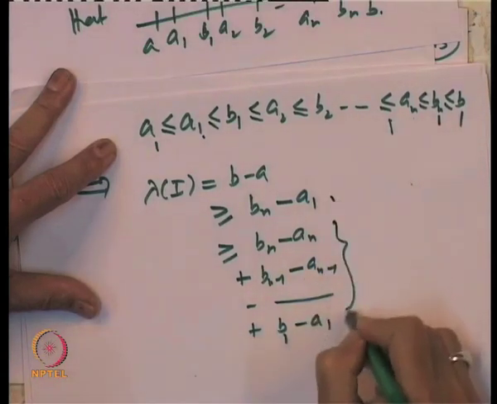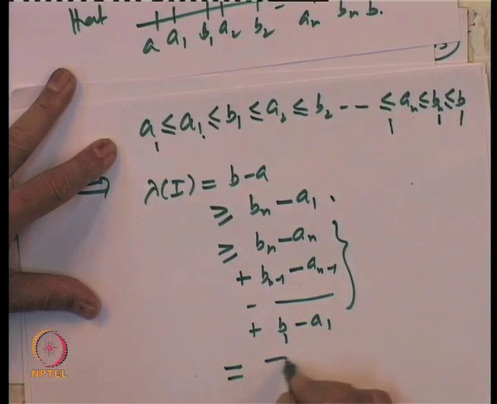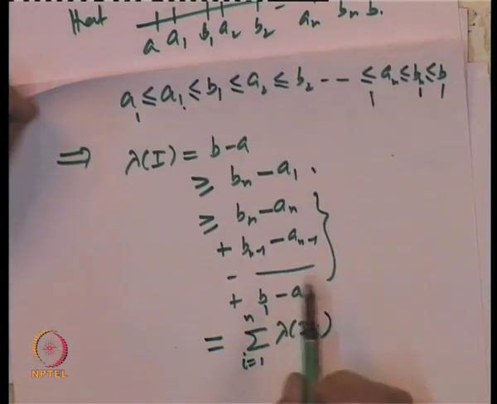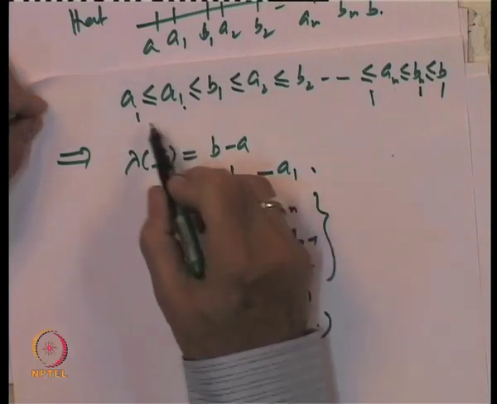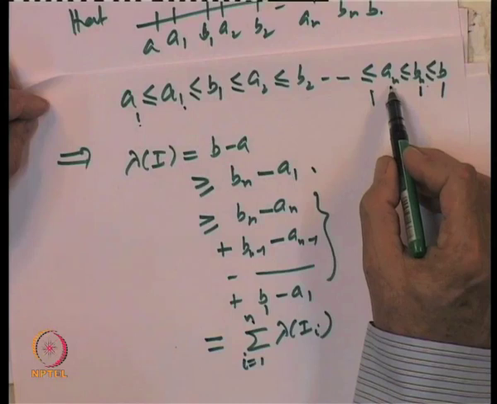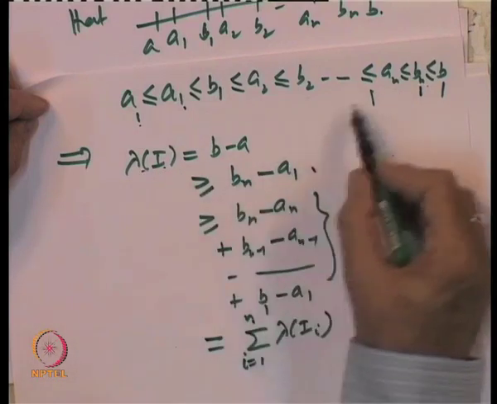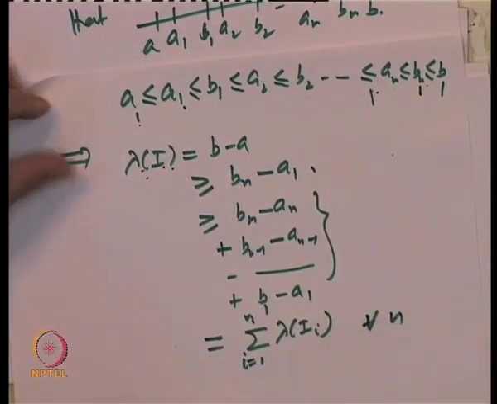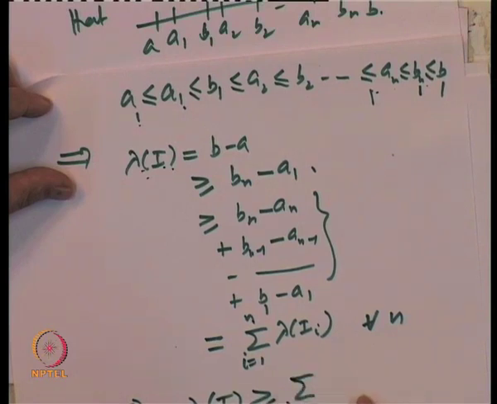This put together is nothing but the sum from i equal to 1 to n of the length of I i. So, what we are saying is, for every n, the endpoints of the intervals I 1 up to I n can be rearranged in this fashion, and hence by looking at the ordering, the length of I is bigger, and this happens for every n. So that implies the length of I is bigger than or equal to the sum from i equal to 1 to infinity of the length of I i, because this is happening for every n, I can let it go to infinity.